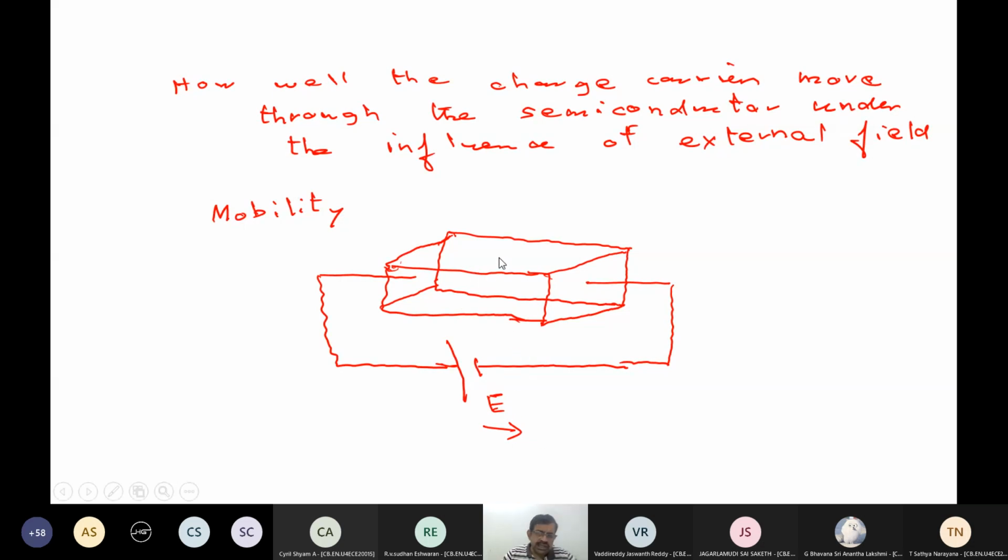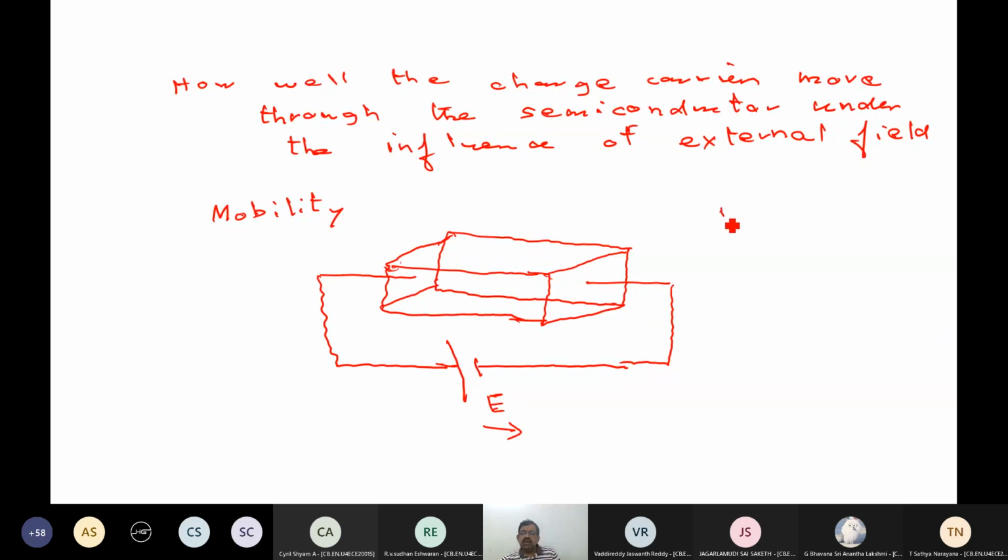Now this semiconductor has lots of electrons and holes, and under the influence of this field, the electrons and holes are going to move. How are they going to move? They will gain what is called a steady state velocity. Once a steady state is established, which will be very quick, the movement of the charge carrier as a result of application of external field is called drift.